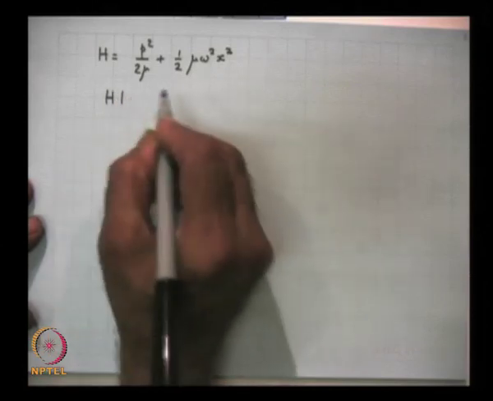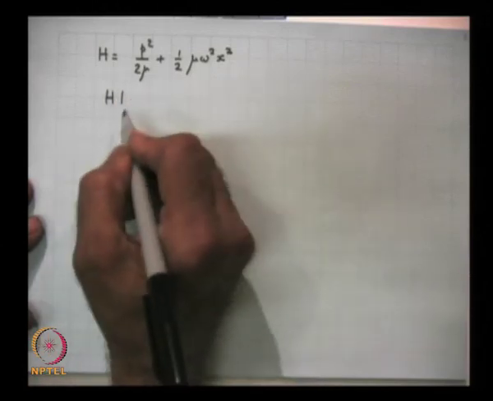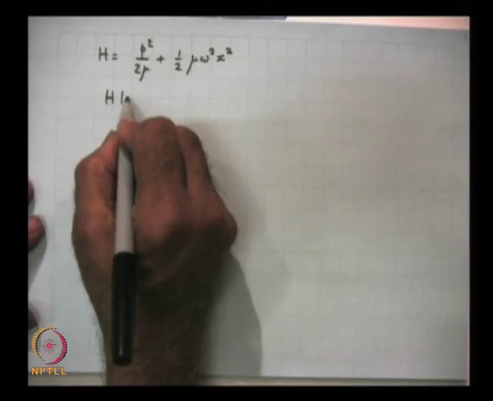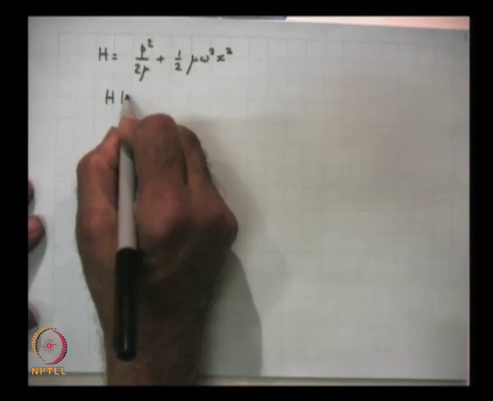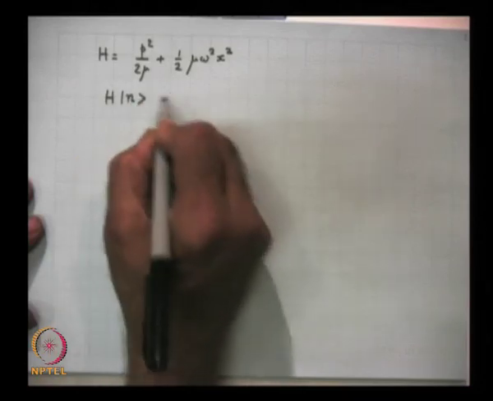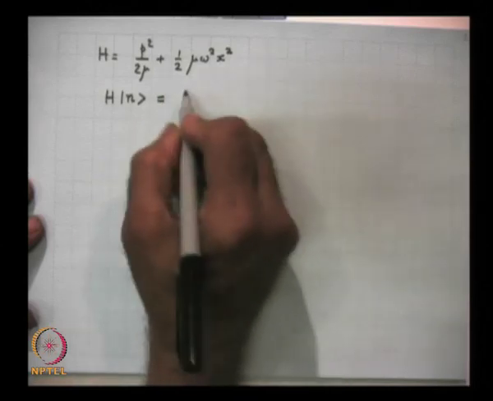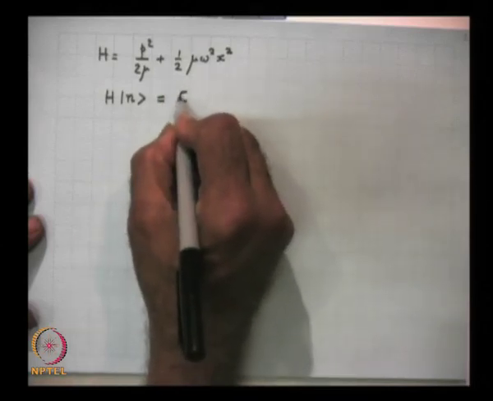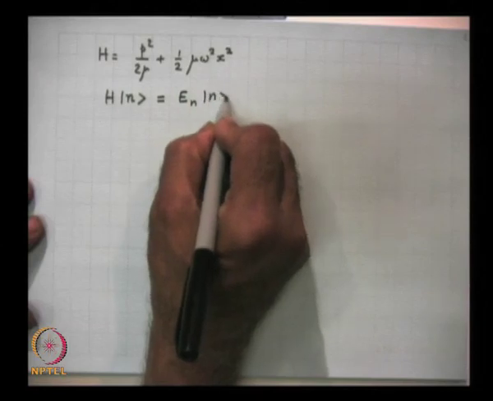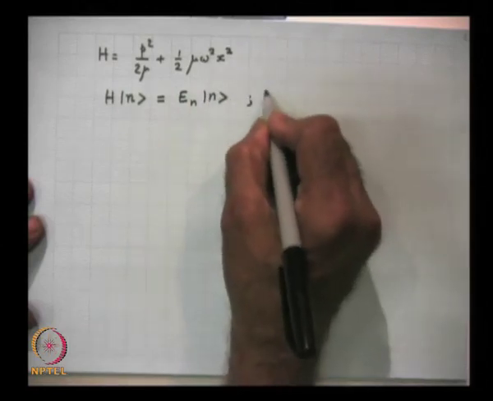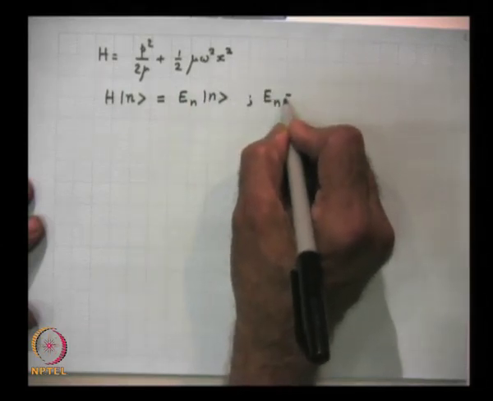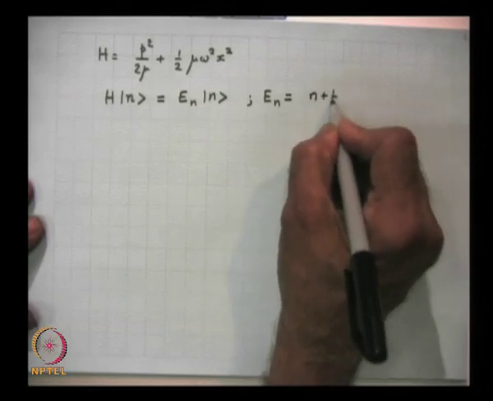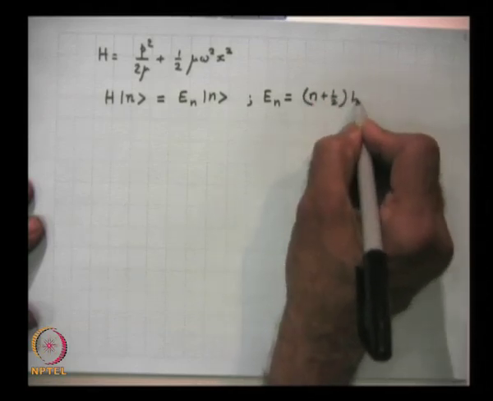After using operator algebra, we found the solution of the Schrodinger equation is H ket n is equal to E n ket n, where E n is equal to n plus half h cross omega.